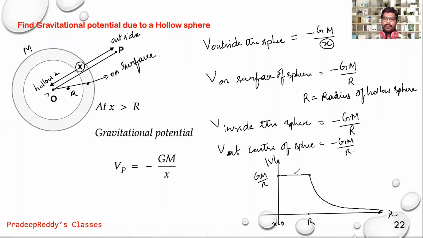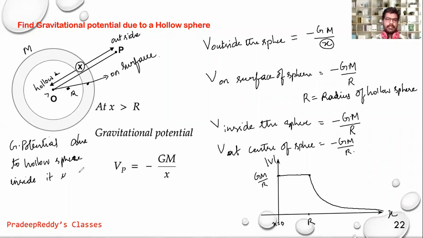This is constant potential. So remember that gravitational potential due to hollow sphere inside is constant, and its value is exactly equal to the potential on the surface.